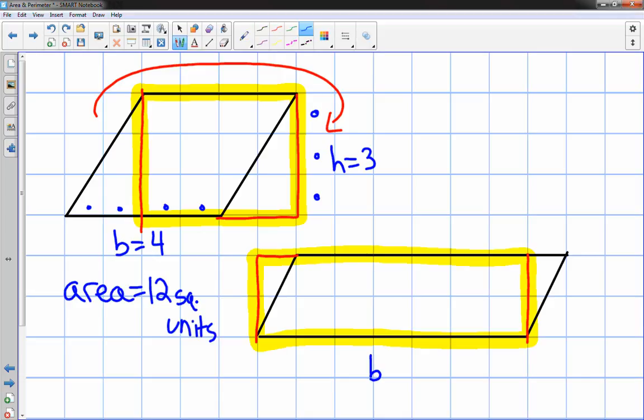The base is equal to 1, 2, 3, 4, 5, 6, 7. The height is 2. I'll write it inside here. Height is 2, so it's simply 7 times 2. So the area of the parallelogram on the bottom is equal to 14 square units.